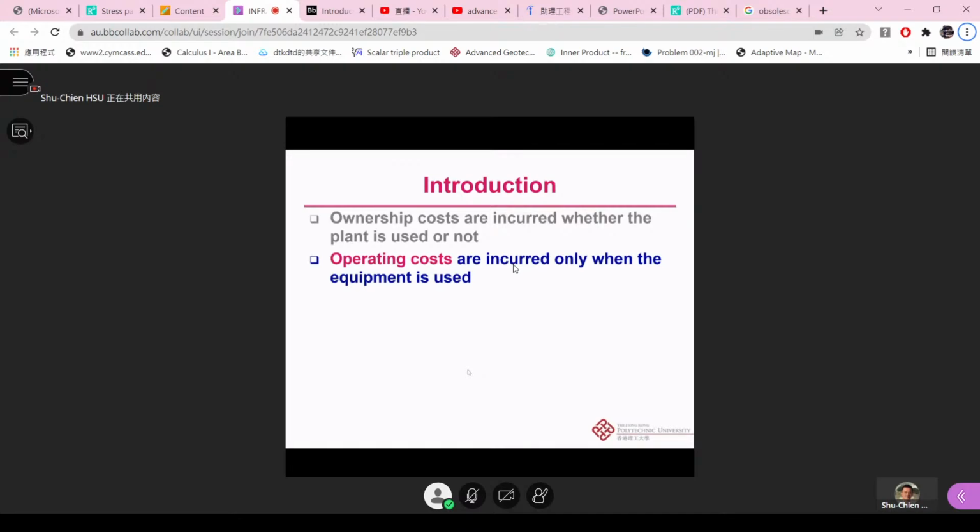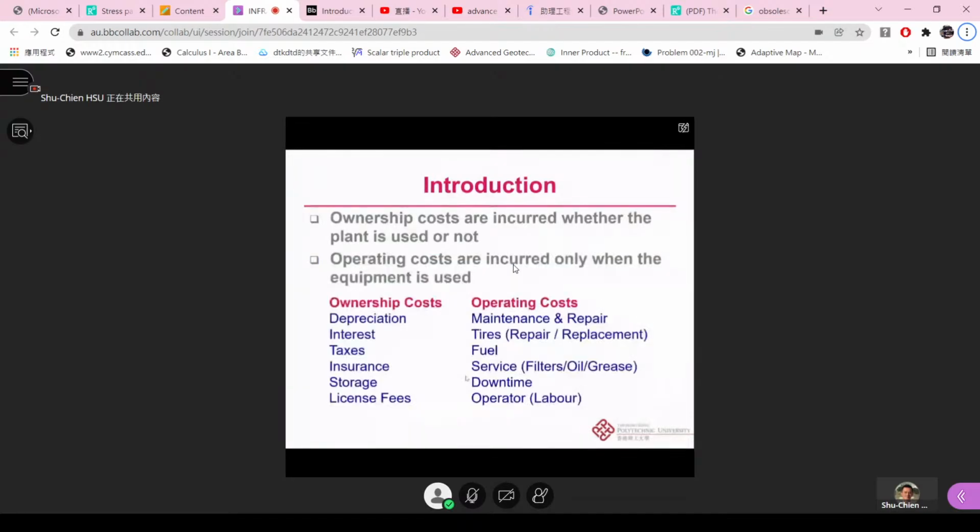For the operating costs, they are incurred only when the equipment is used. The ownership costs can be, for example, depreciation, the interest you need to pay, taxes, insurance, storage, and license fees. If you own a personal car, these are also things you need to pay. Your house or apartment also needs to pay this kind of tax and insurance, a lot of things, even if you don't use it.